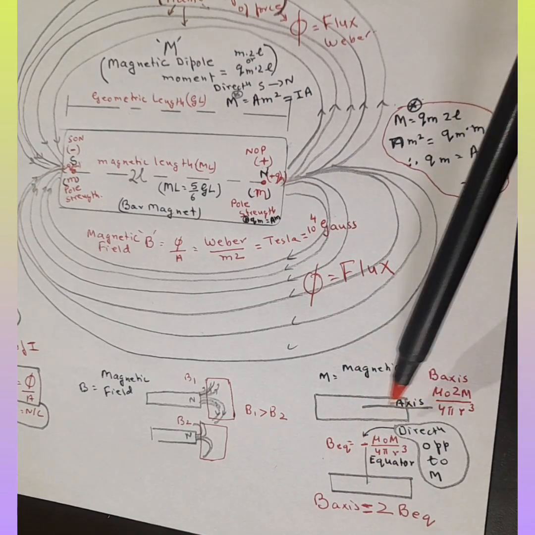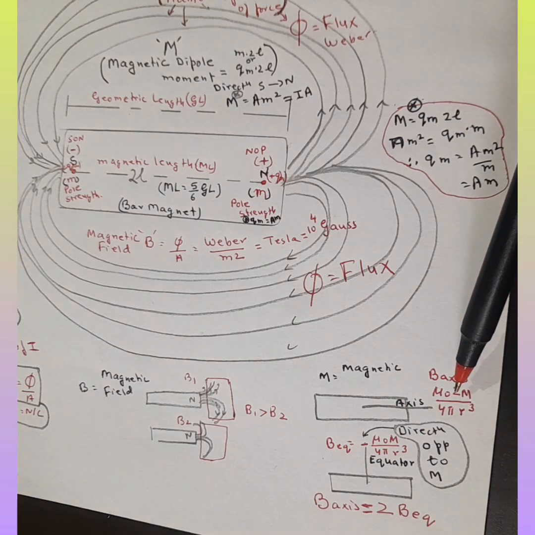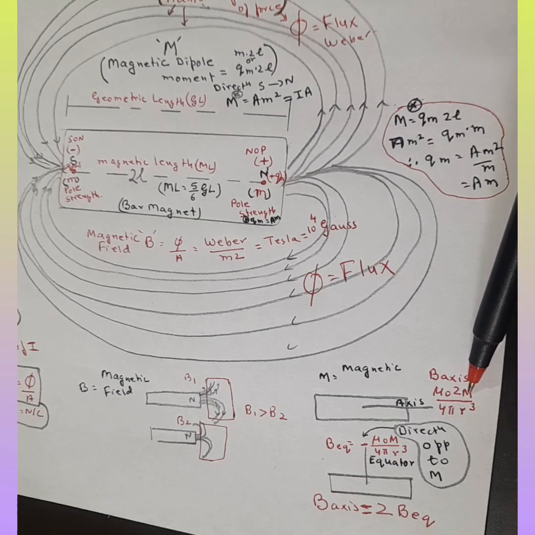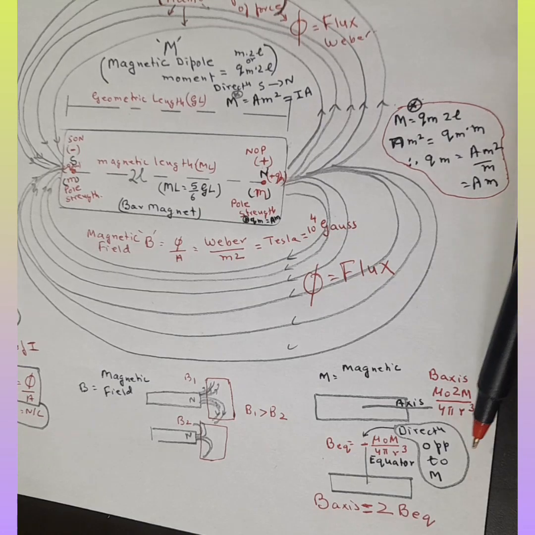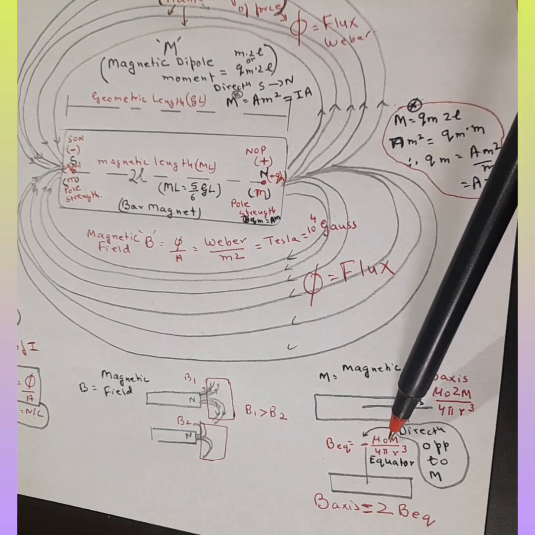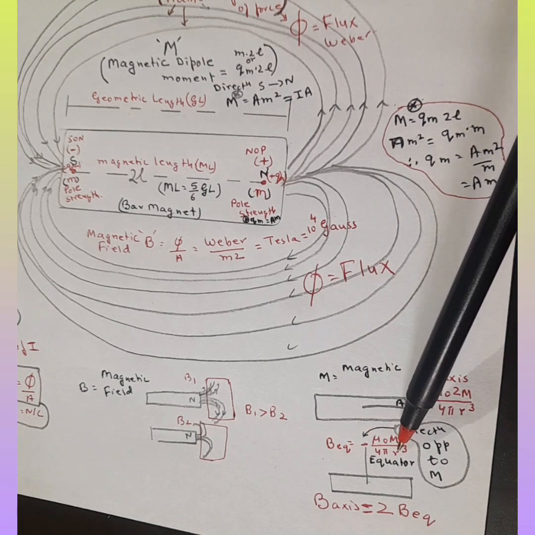Now B axis is mu 0 2M upon 4 pi r cube, where M is magnetic dipole moment, which is qm into 2l, or small m into 2l, and B equatorial is minus mu 0 M upon 4 pi r cube.